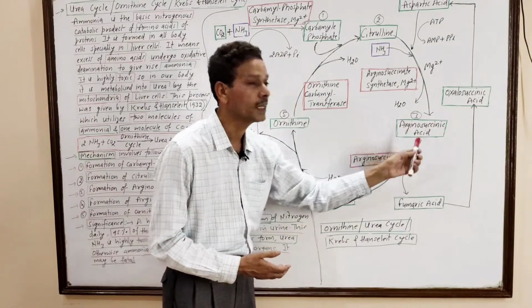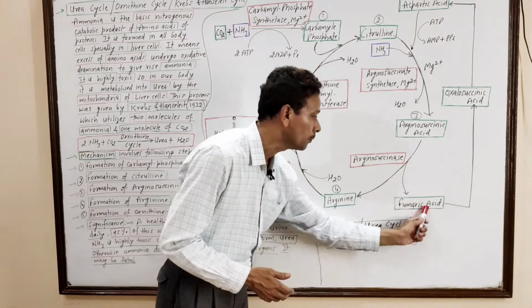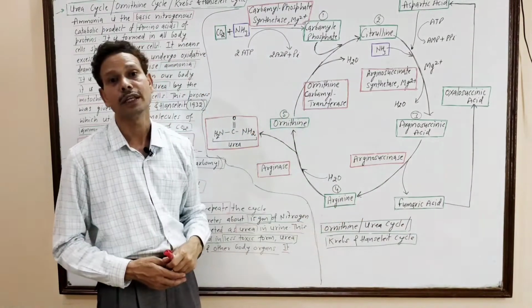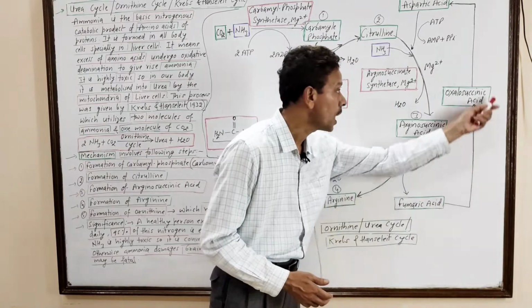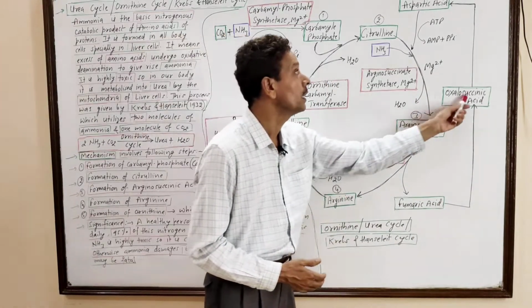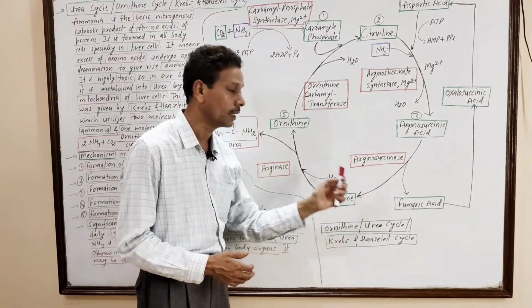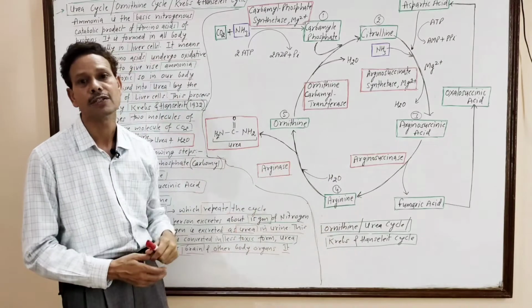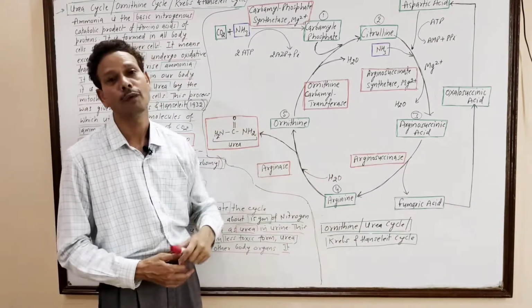This arginosuccinic acid is converted into 2 molecules, one is fumaric acid and second is arginine. This fumaric acid is transformed into oxalosuccinate and it gives rise to aspartic acid. And this arginine, in presence of the arginase enzyme and water molecule, gives rise to one molecule of urea and one ornithine.